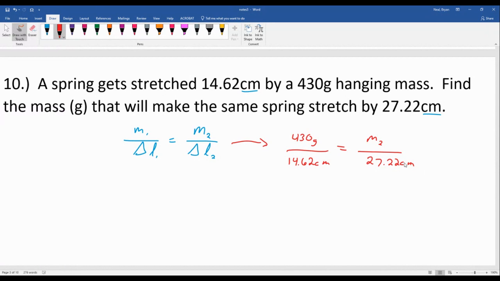All right, so we can look here and we can simplify things slightly. So centimeters are going to cancel the centimeters. Grams are the only things left, which is good because that's what we're trying to get to. And so we can treat this like a normal proportion, cross multiply to see what you get. I like to look at the variable first, just because it makes the equation a little bit better.